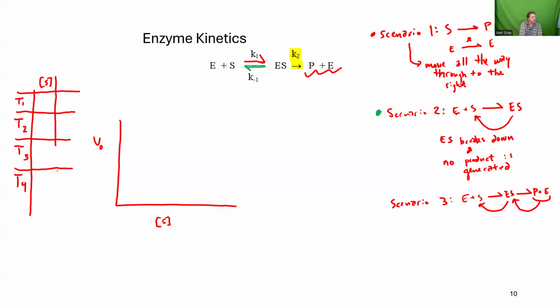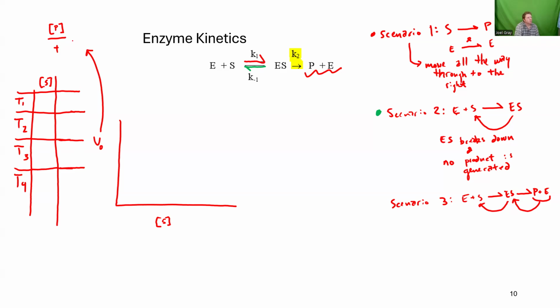And so that is my first column, and my second column is going to be my rate. Typically, an initial velocity is effectively the concentration of your product over time, because that's what an enzyme is looking to do. It's looking to make a product.